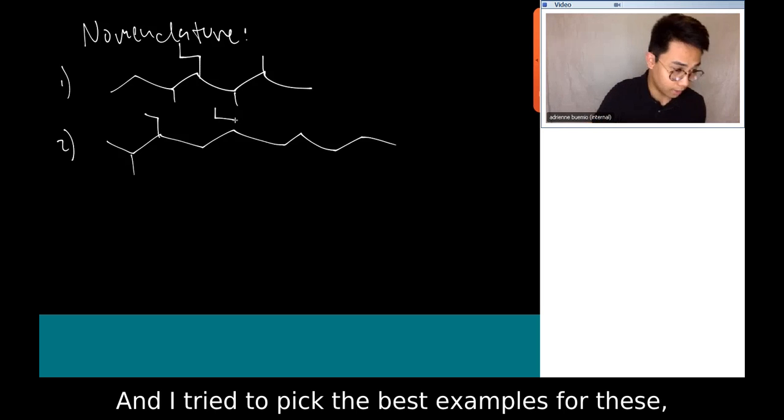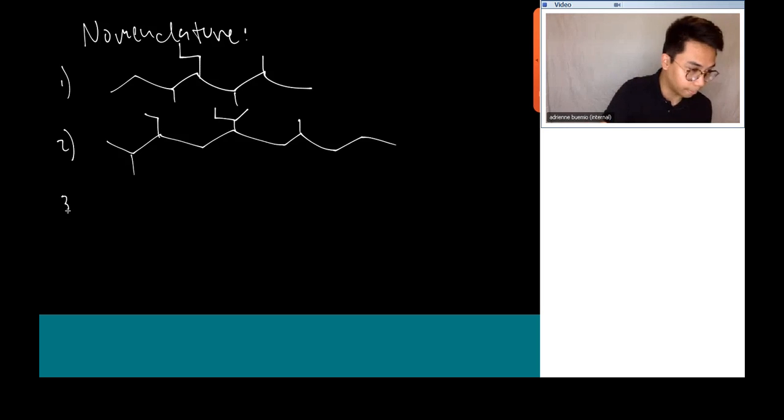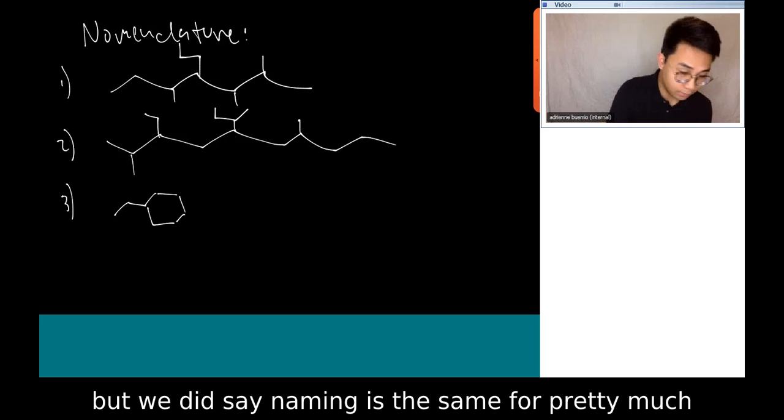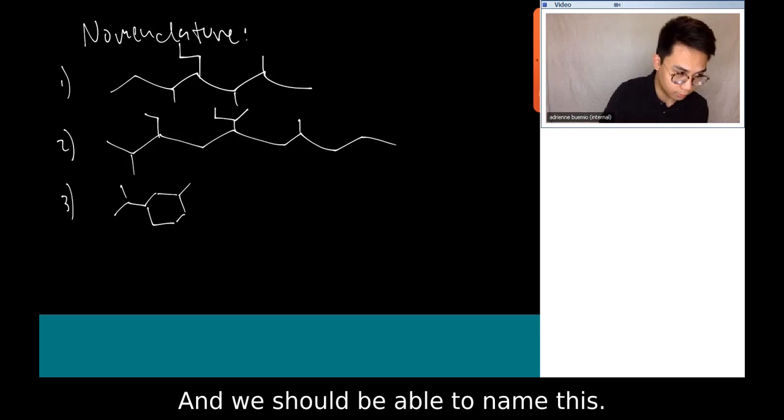And I tried to pick the best examples for these, so we can see all the different things that we talked about. You know, I don't think we talked about cyclic, but we did say naming is the same for pretty much most things, and we should be able to name this.